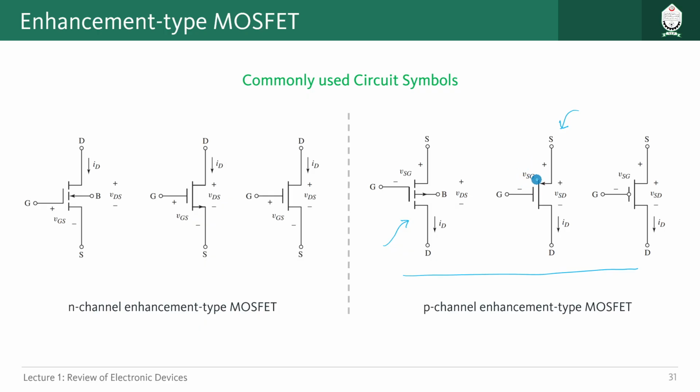So VSG is given, so gate will be at a lower voltage compared to the source. If that happens, then we are going to see this current going from source to drain, which is ID, right? So these are the two circuit symbols we are going to use for P channel and N channel. In most of the cases we will try to use these.